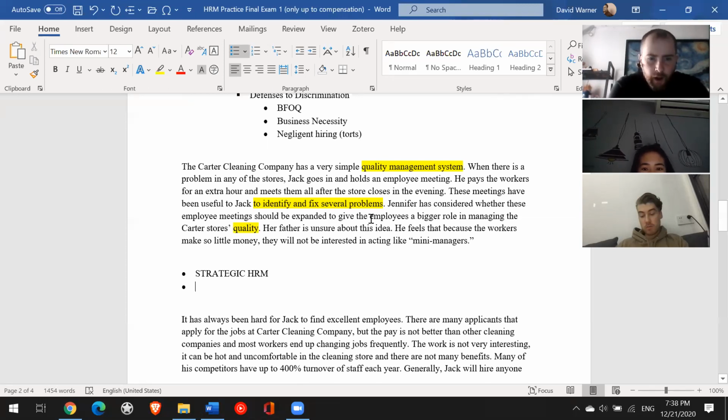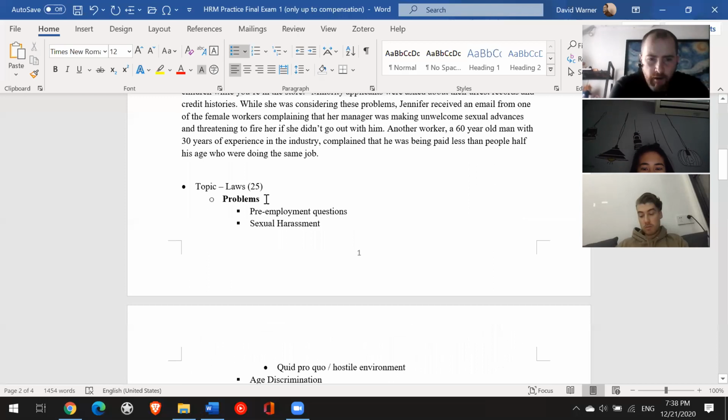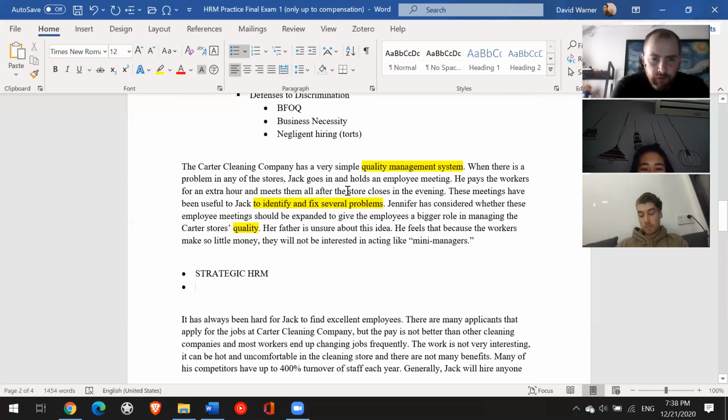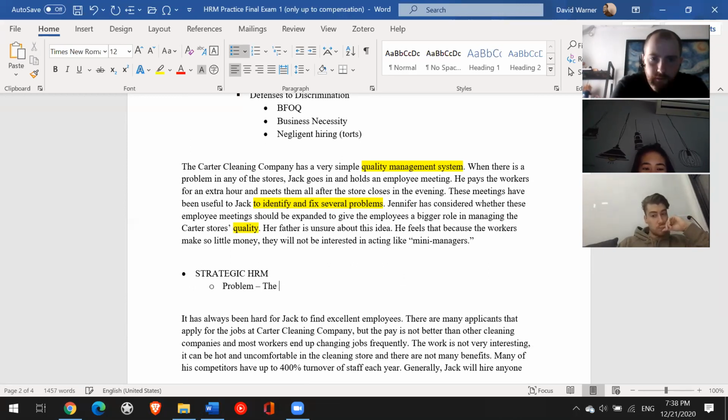So, you know, the first part, we did it based on what are the problems. Here, I don't really see any very clear problem. Maybe if there is a problem, it would be like the employees don't really care about quality.